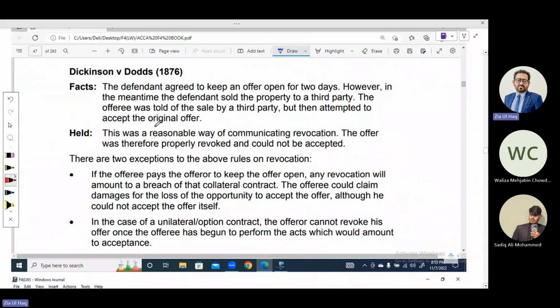Let's discuss this case, Dickinson versus Dodds. The defendant agreed to keep an offer open for 2 days. Okay, my offer is open for 2 days. However, in the meantime, the defendant sold the property to a third party, and the offeree was told of the sale by a third party.